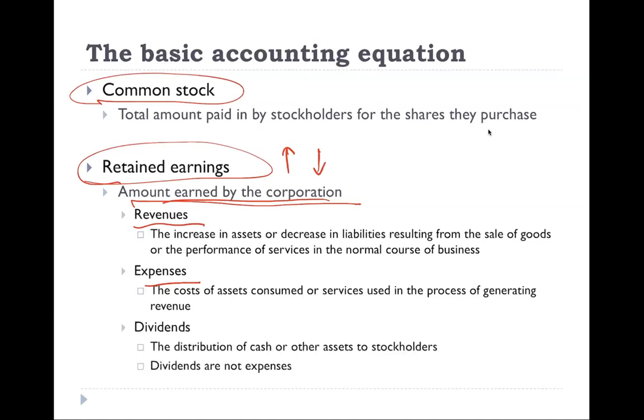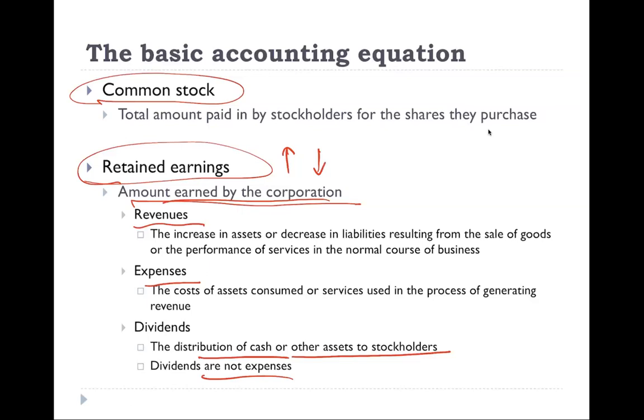And after the firm has earned enough money, the firm may decide to distribute some of its earnings. The distribution of cash and other assets to stockholders is called dividend. Dividend is not expense. It is separate from expense. It comes after the firm has calculated net income.